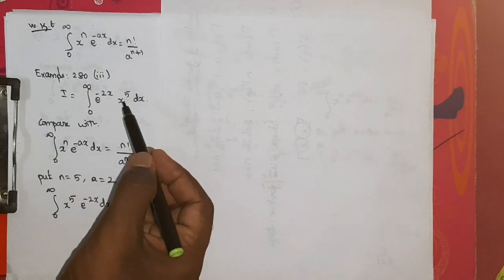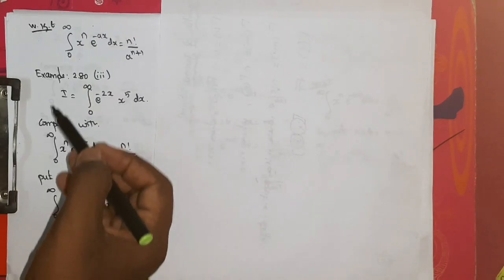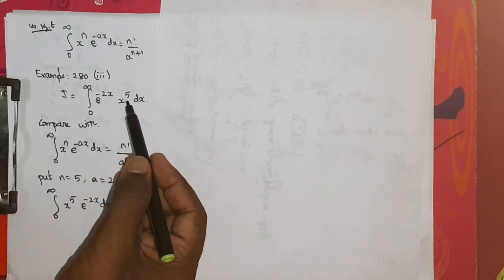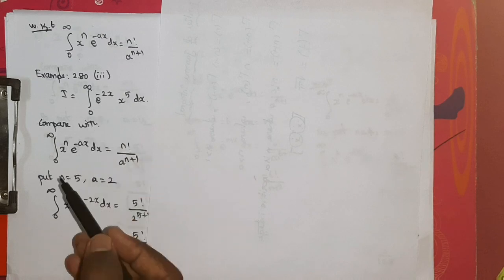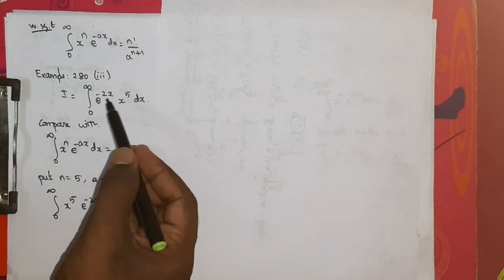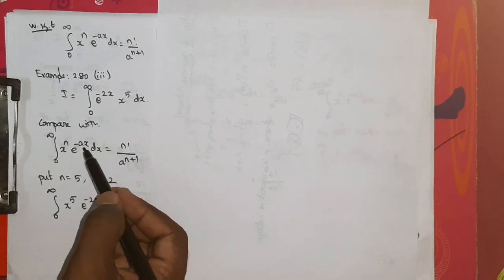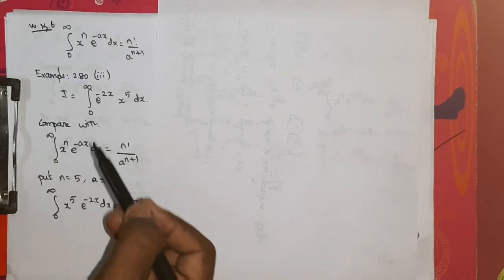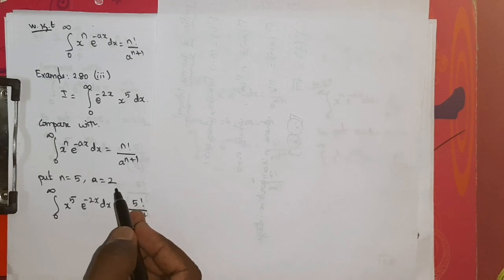Now compare. So here x power 5, there x power n. So in the n place what we have is 5. By comparing this with the formula, we understand n is equal to 5. In the formula it is e power minus ax, but here e power minus 2x, leave the minus, so what is a value? 2. That's all.